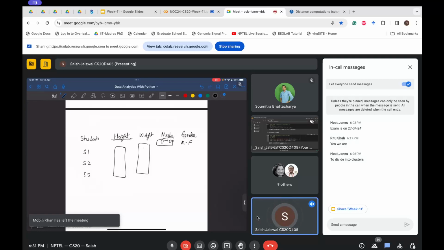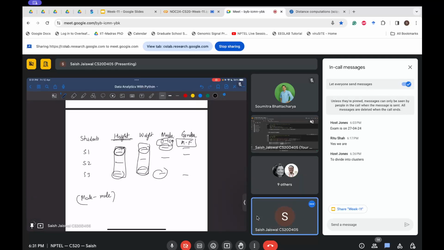You will have certain values associated with each of these variables for each of the students, right? It makes sense to compare the heights of two students, weights, and marks of students. But coming to categorical variables like gender, where you have male and female, how do you find the distance? You cannot do male minus male or something like that. So you will have to have certain values associated with this categorical variable.